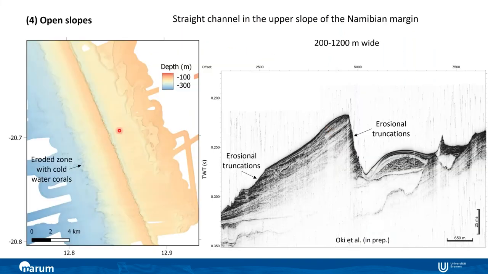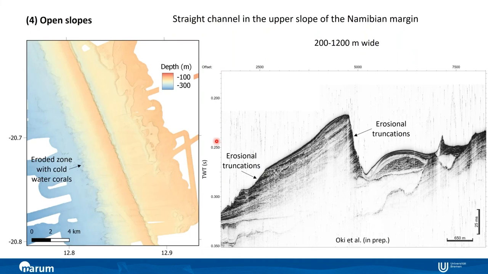This is located in the upper slope, relatively close already to the shelf edge. And you can see that this channel is very straight, very longitudinal, and the width is between 200 meters and 1.2 kilometers. And the channel is very erosive on this side, especially in the western part.